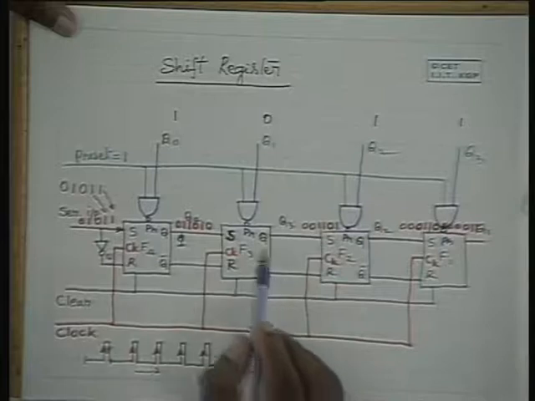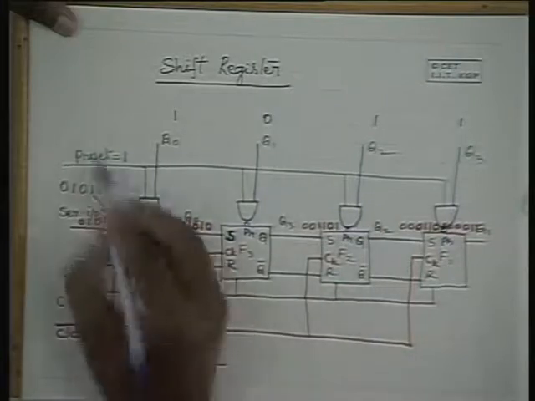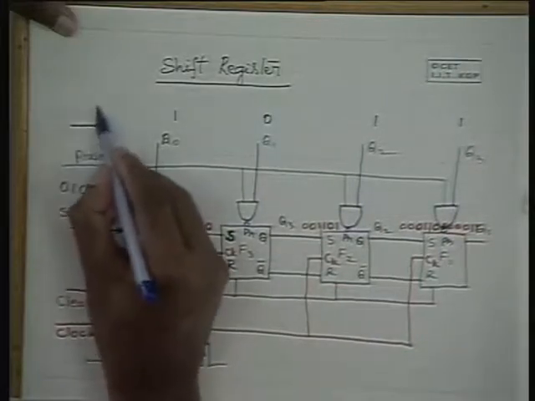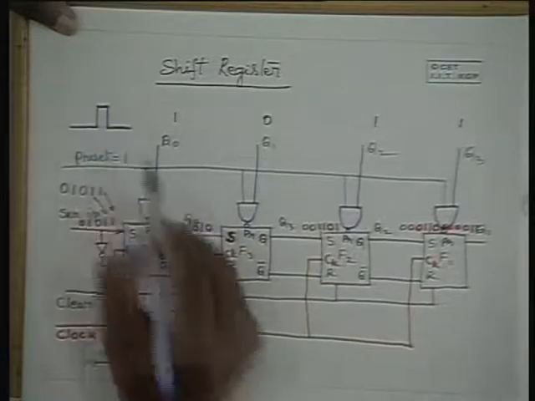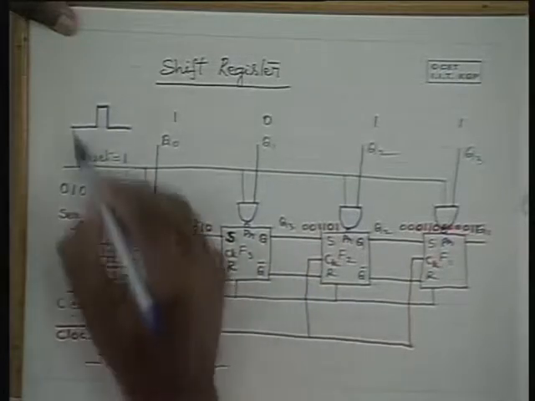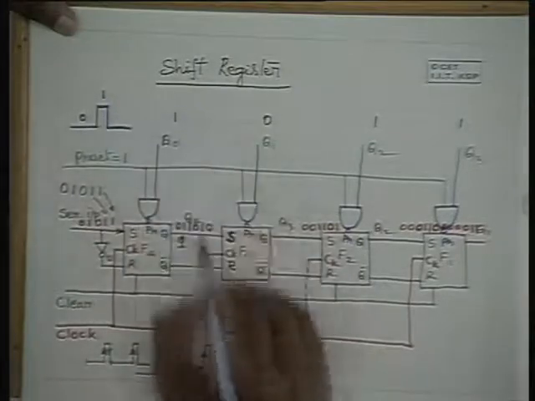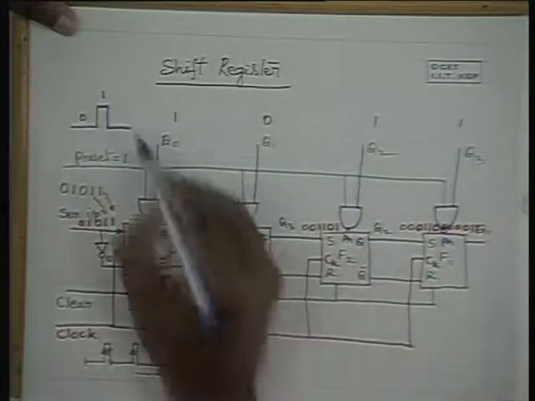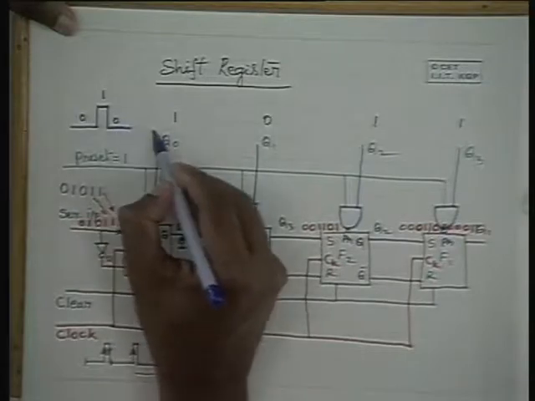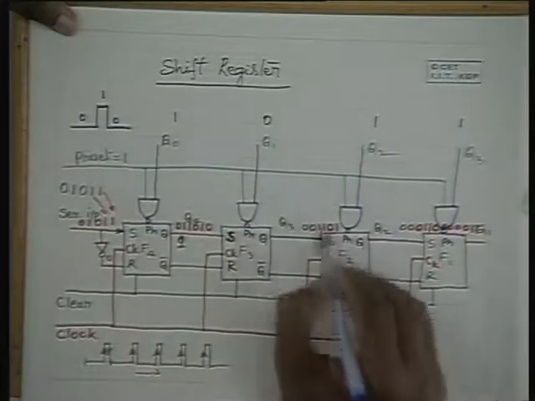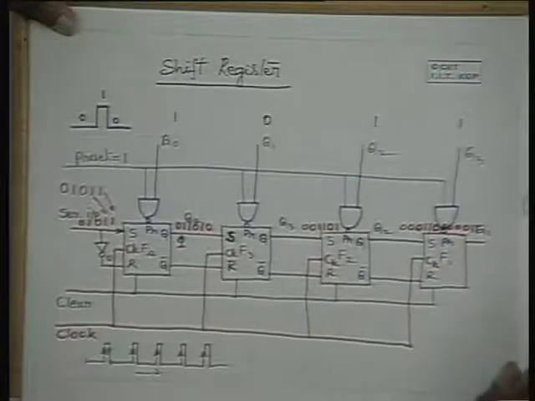And once these are loaded, you bring the preset back to 0. Make it 1 for some duration, and then this gets loaded, and then make it 0. Then these inputs will be ineffective.